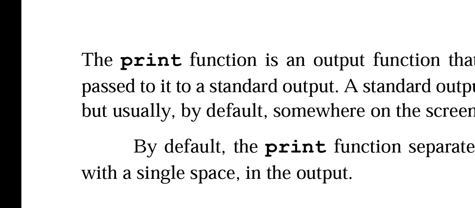And this default behavior can be changed. Another default behavior of the print function is that in the output, in case the arguments are many, the arguments are separated with a single space.